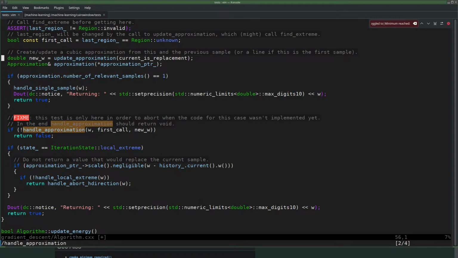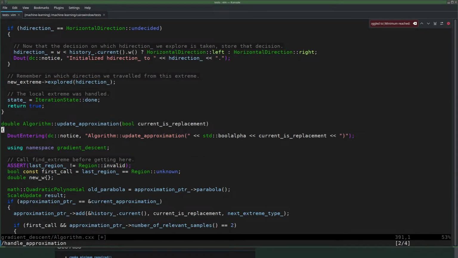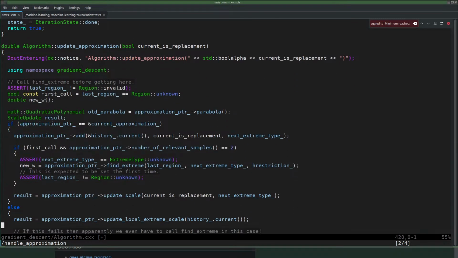Yeah, because that is after the call to update approximation, which might call find extreme, which sets last region. Sorry, yeah. Therefore, we cannot reconstruct the first call from the value of last region because it might have been changed.